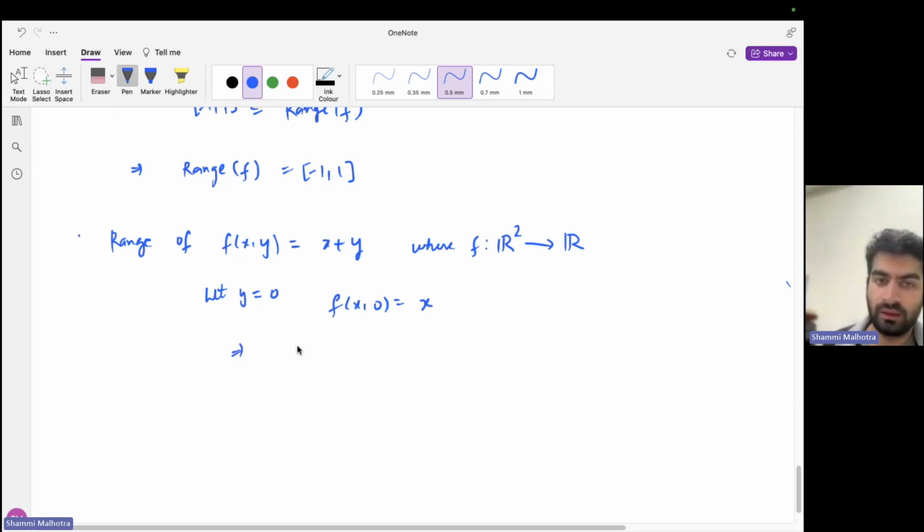So this will imply that the range of this function f will be equal to R in this case. So that's how you can check. You can take particular cases of one variable, fix one variable, and then vary the other variable to get an idea of the range. And after some calculation, you are able to deduce what the range of my function f is. I hope that's clear.